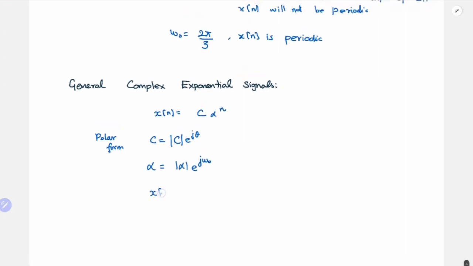So my x of n will become mod c mod alpha power n e power j omega naught n plus theta. So this I can also write as mod c mod alpha power n into cos of omega naught n plus theta plus j sine of omega naught n plus theta.